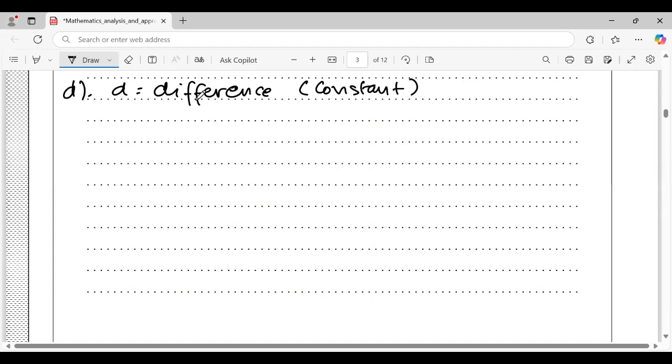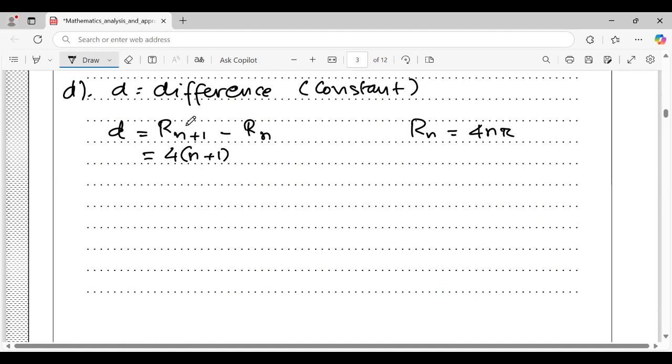Constant means without variable. So we can state that D equal Rn plus 1 minus Rn.